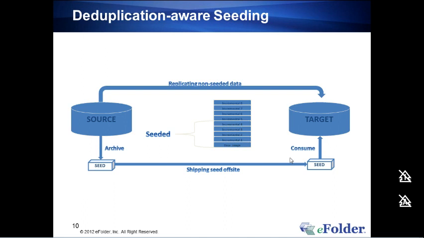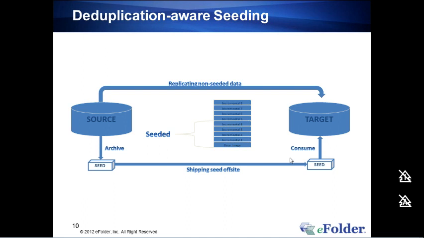Because as you add more clients, you're going to be utilizing more cloud storage. And that's exactly how you pay. You pay on a wholesale basis for the eFolder service in logical 100 gigabyte chunks.